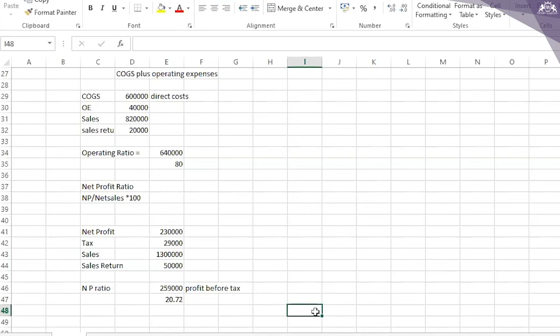Net profit is generally after tax. Profit before tax divided by net sales. Okay. Clear?